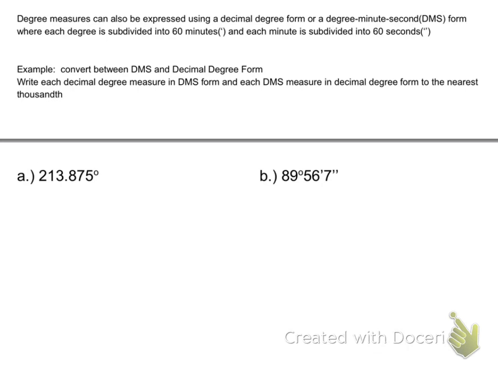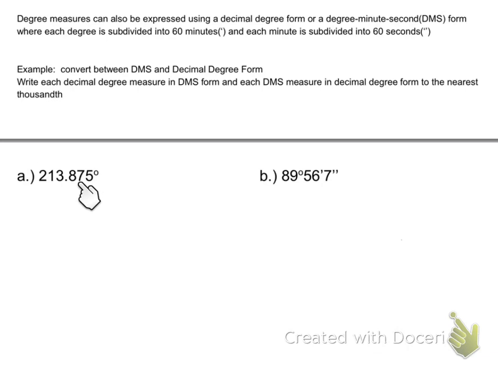The next one, a little wordy on top there. It says that a degree measure can also be expressed using a decimal degree form. The decimal degree form is this one, 213.875 degrees, or 213 and 875 thousandths of a degree.